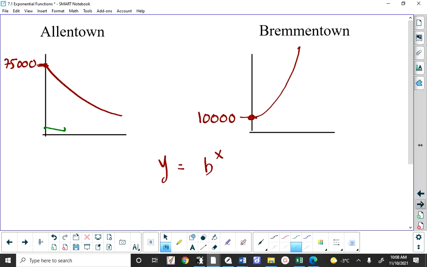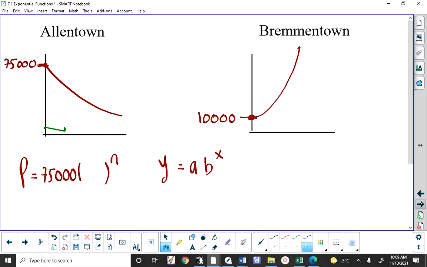The answer is I would multiply the function by 75,000. I could stretch it vertically by a factor of 75,000. And this means that the population function here will be equal to 75,000 times some base raised to the number of years. I could use t. I'm going to use n for number of years.